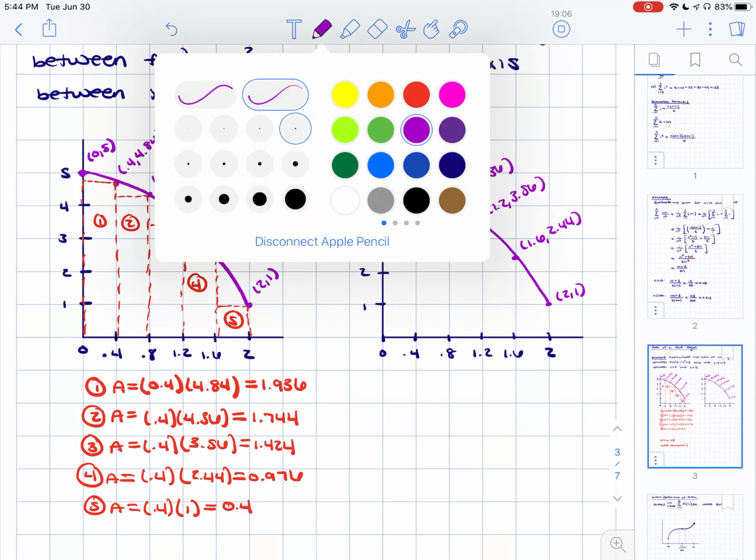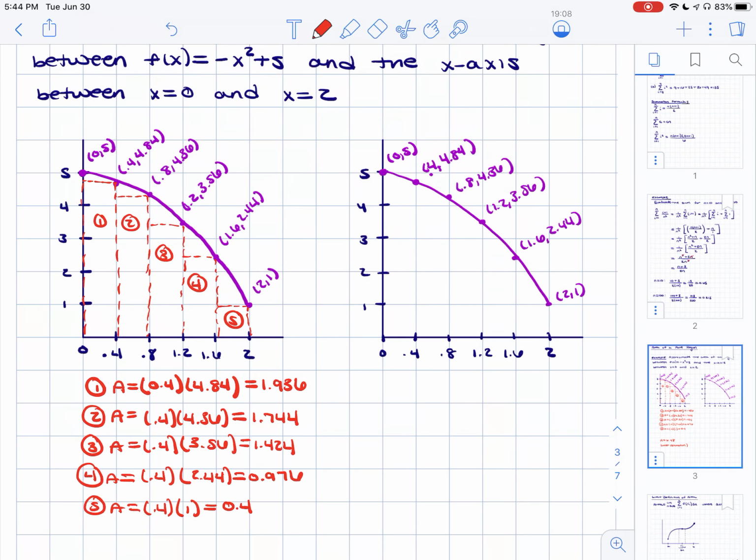This time, instead of drawing our little rectangles using the right endpoint, I'm going to use the left endpoint. You can see in this case that all of our rectangles are a little bit above the graph of our function.